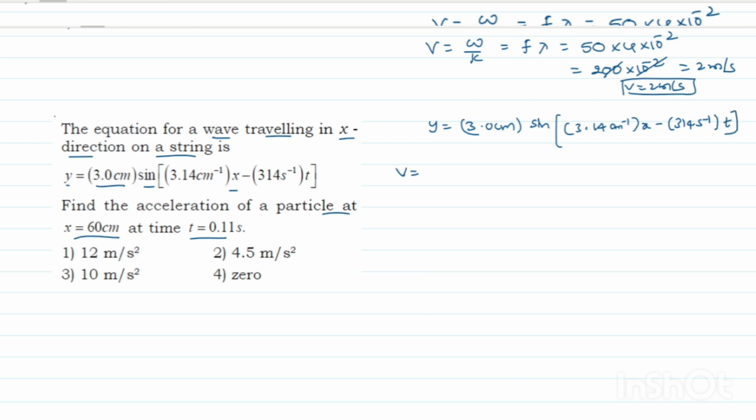Now first calculate the velocity, students. Velocity is nothing but dy by dt.